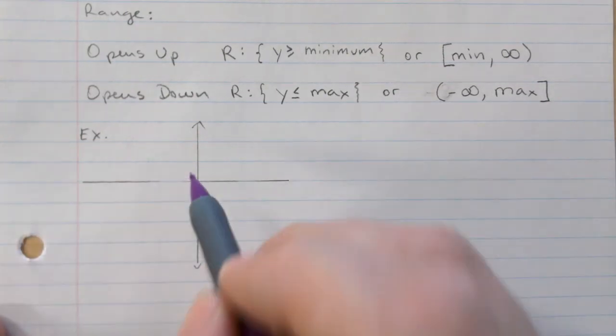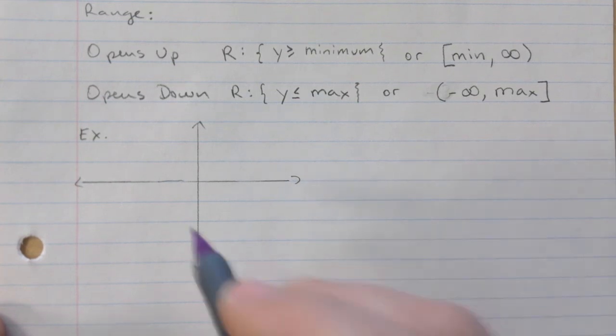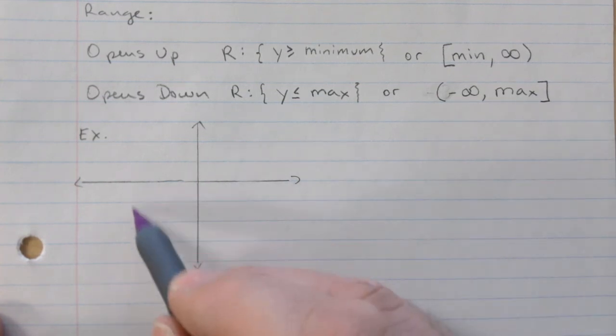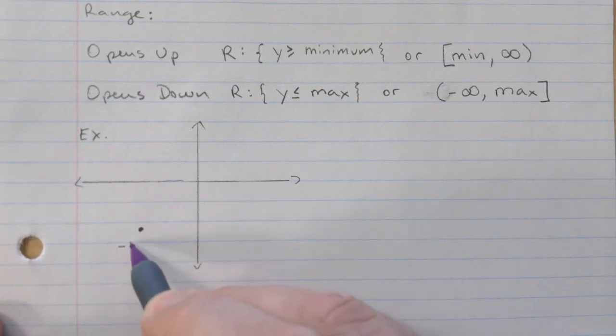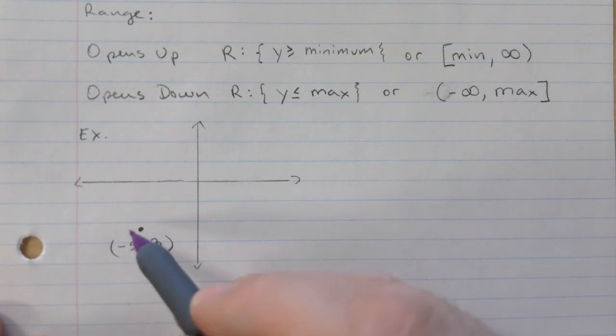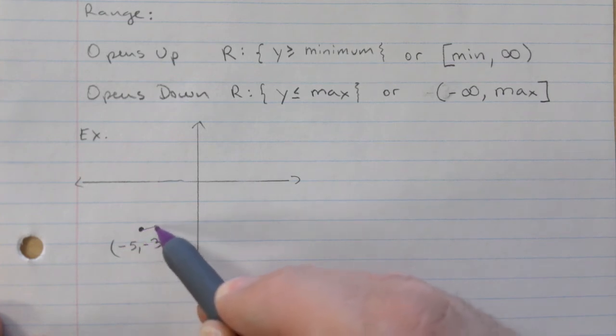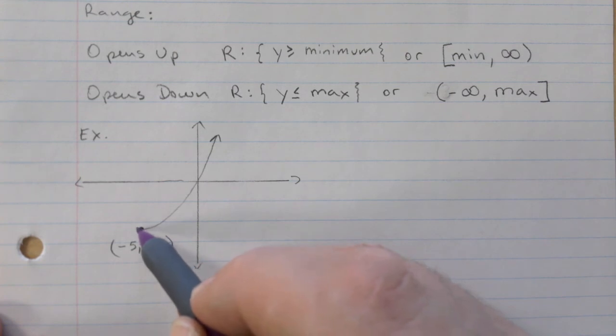I hope that is clear that it's just for illustration purposes. So let's say we have a point somewhere over here. So put it down here and it's going to be opening up. So -5, -3 is our vertex. Okay, and from there I'm just going to go up like this. And I'm going to do the same thing here.